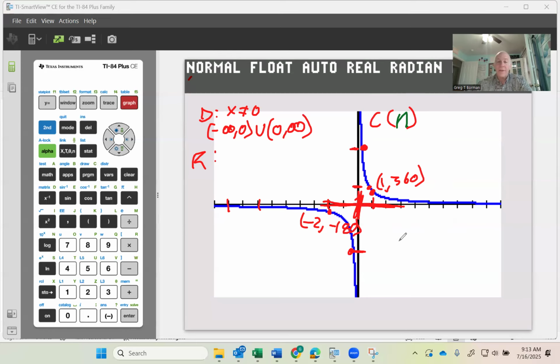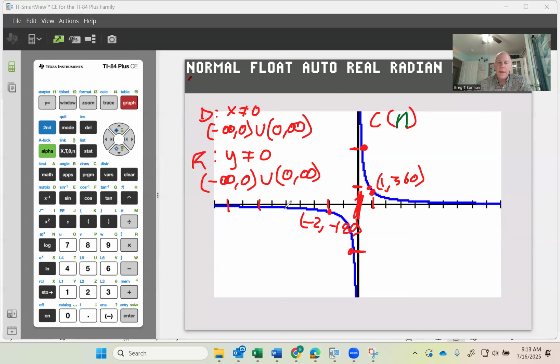Again, this goes back to the asymptotes. Hopefully you're noticing that. So if you know your asymptotes, then that really, really helps you to know the domain and range. So anyway, we would say, well, y cannot be 0. Or, in other words, -infinity to 0 and 0 to infinity.